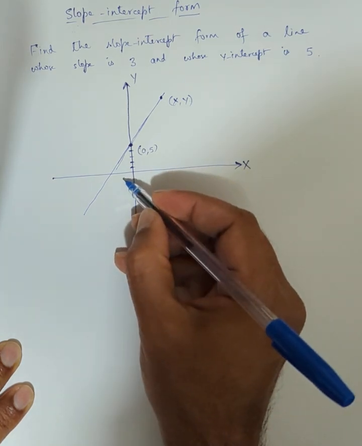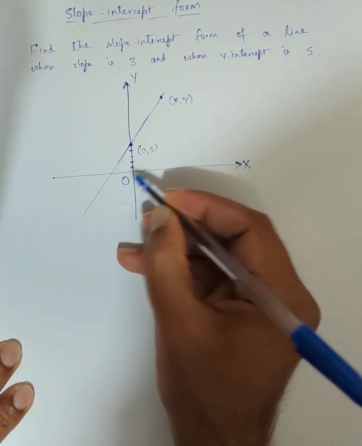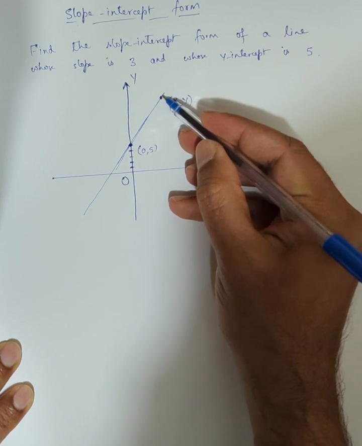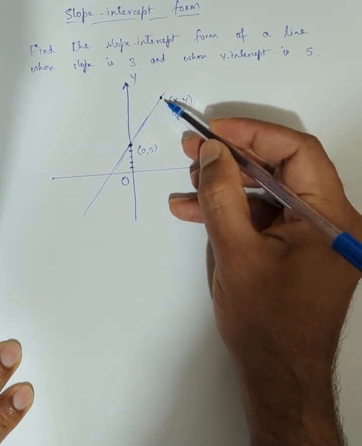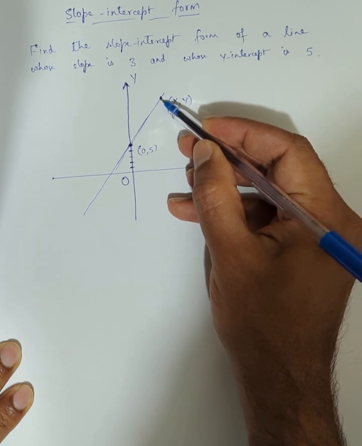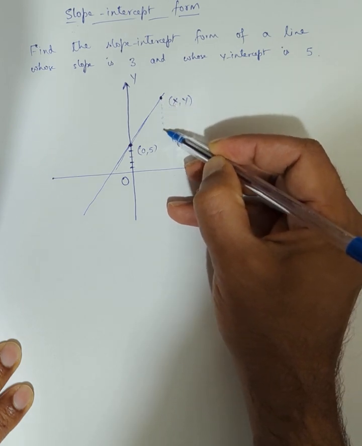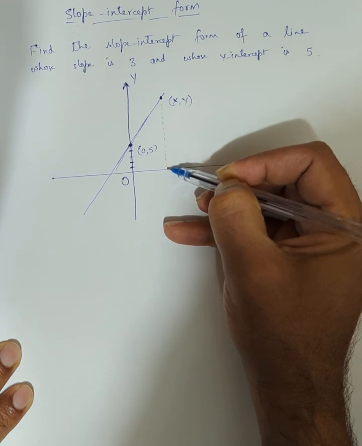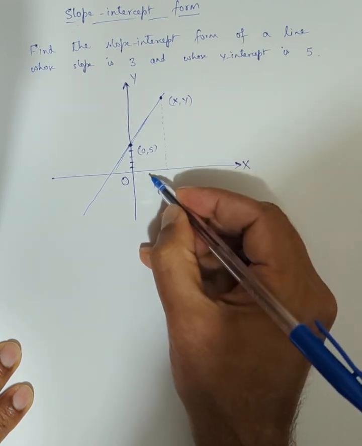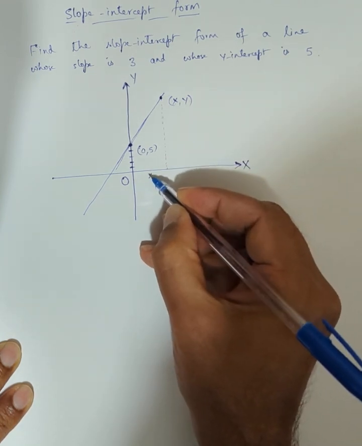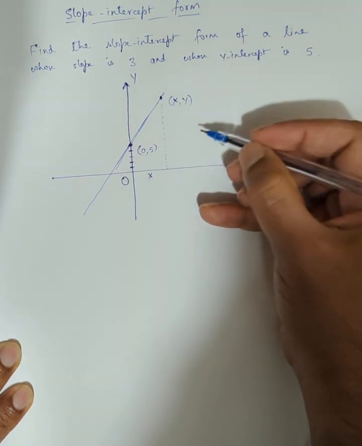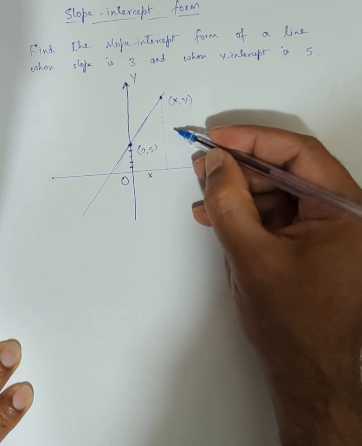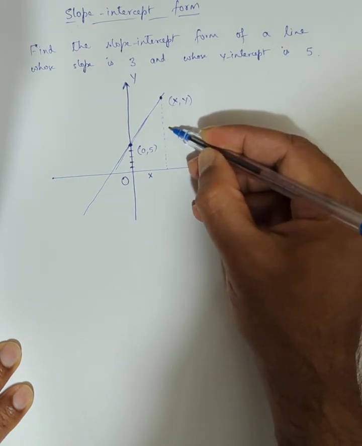All right, so this is your origin, and by definition, if the point has coordinates of x comma y, what it means is that the point is x units to the right of the origin, and then the height of the point is y units above the ground or above the x-axis.